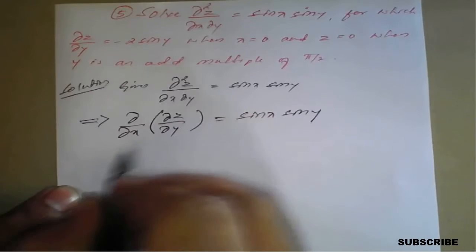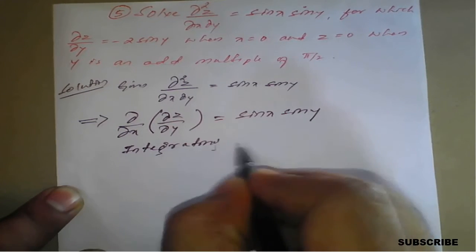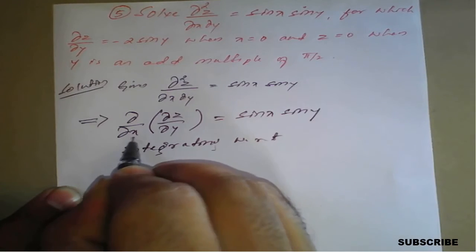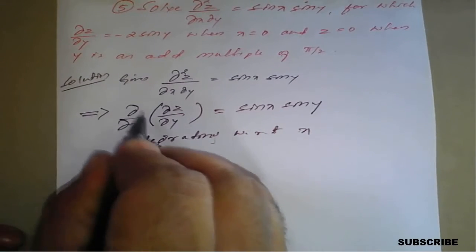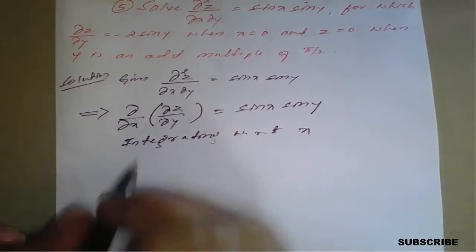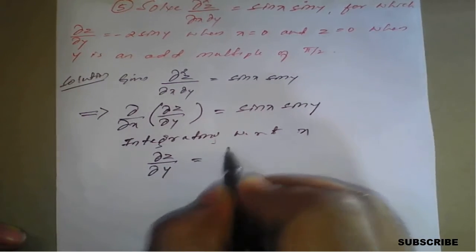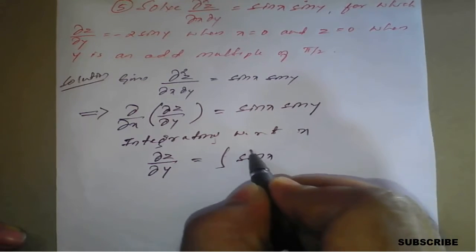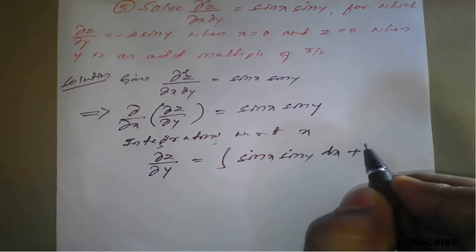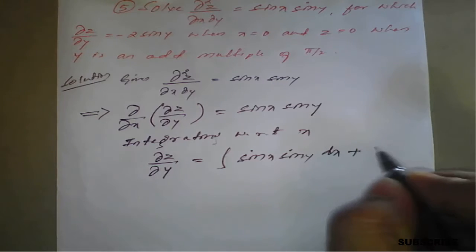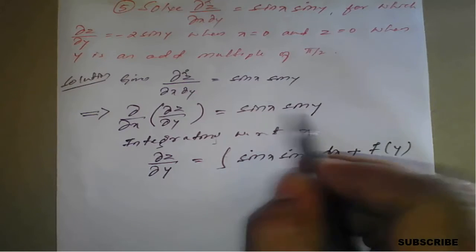On integrating with respect to x, since dx is there, the ∂/∂x will vanish. What is left is ∂z/∂y equals the integral of sin x sin y with respect to x, plus an arbitrary function f of y, because the independent variables are x and y.